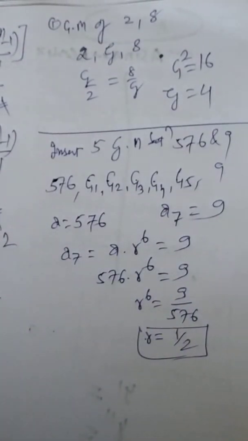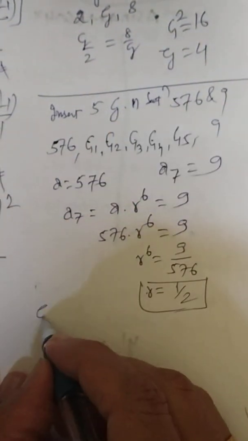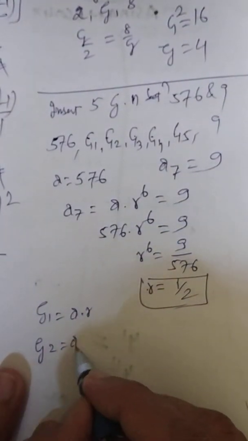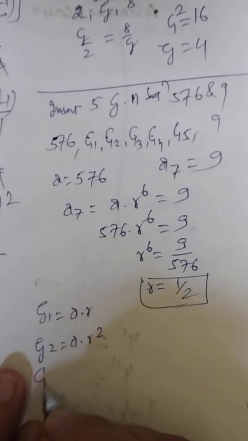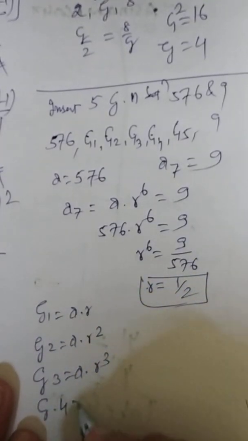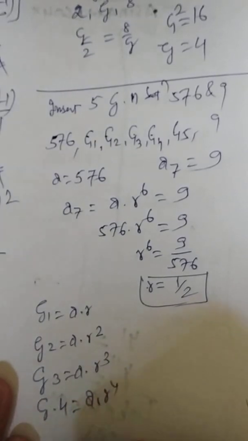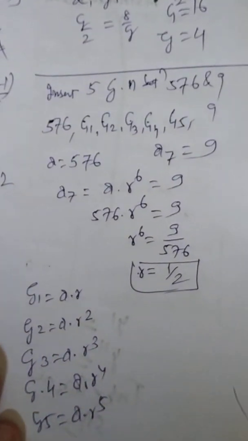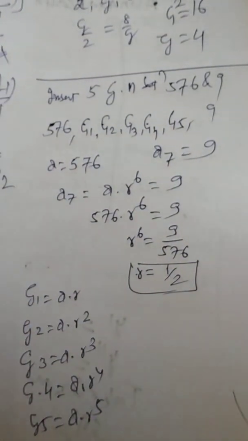The value of R you will get as half. Okay. Now similarly, G1, first term. G1 is nothing but A into R. G2 is nothing but A into R square. G3 is nothing but A into R cube. G4 is nothing but A into R raised to power 4. And G5 is nothing but A into R raised to power 5. Replace A and R and get the values.